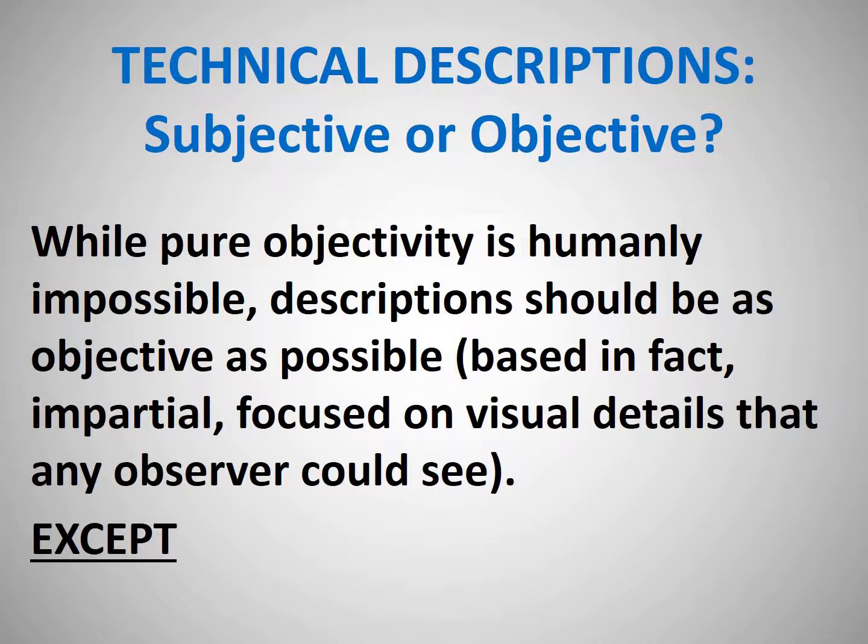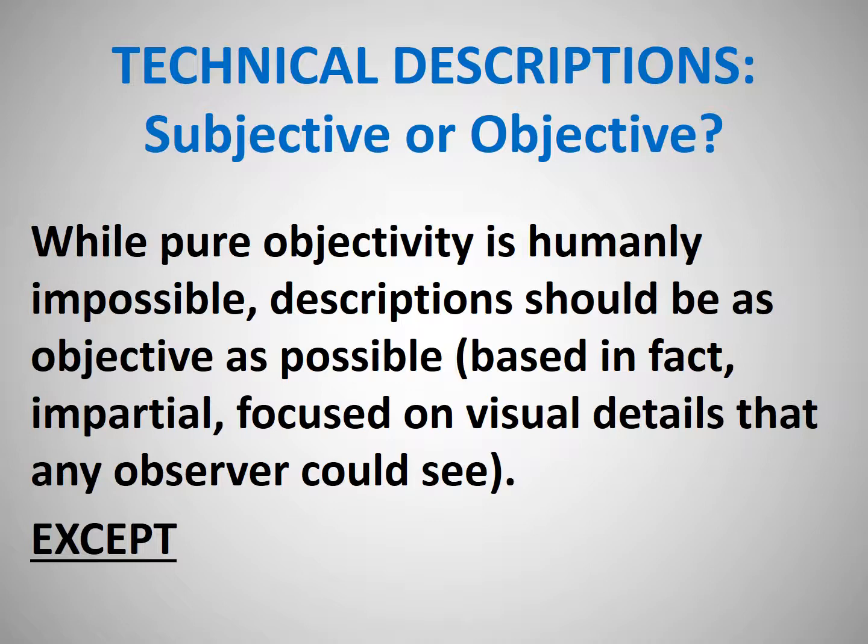All right. So let's first acknowledge that pure objectivity is not possible in the kind of writing we're talking about here. Nevertheless, when I'm describing either a product or a process, I want to try to be as objective as possible in order to be fair and an honest broker of the thing that I'm describing.